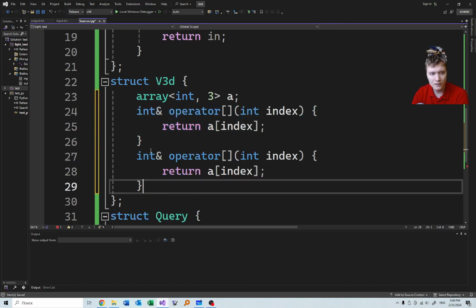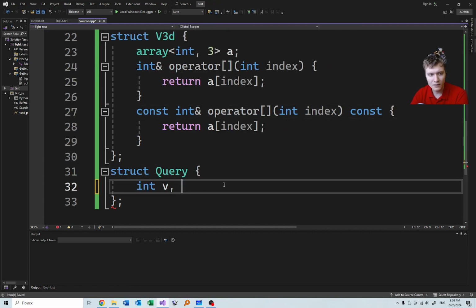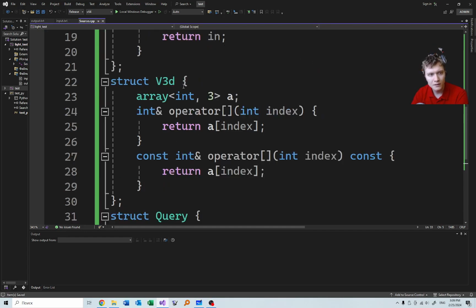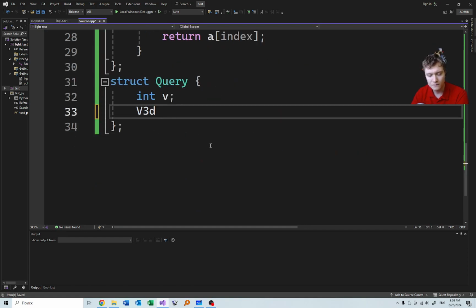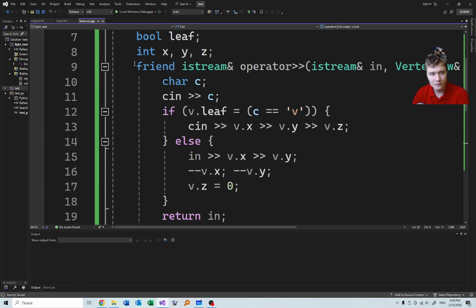Yes, and we can do the same thing with const. And now we can store in this query v3d. And we can as well read it, I think.